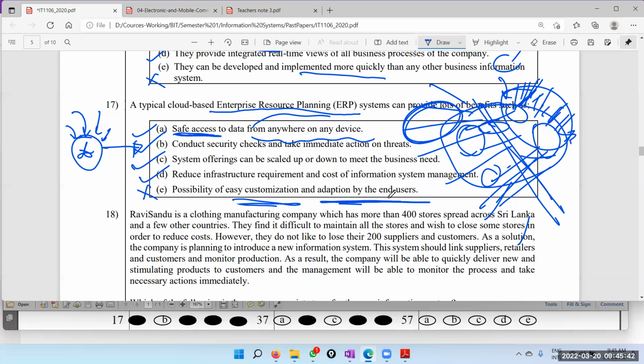A very good example is blogging platforms like WordPress. There are two ways you can use WordPress. One way, you create an account in WordPress and use it. Then you have limited customization because it is their server and you don't get access to everything.